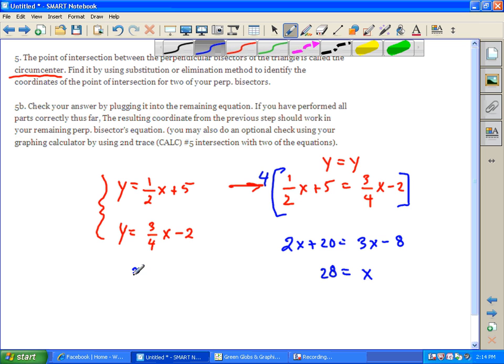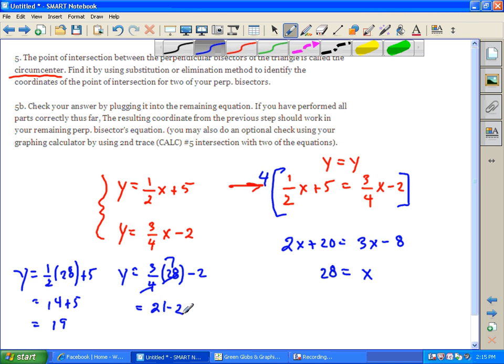Well, if I know it's 28 comma something, I can plug in 28 here and minus 2 to find the other something. Or I can go y equals 1/2 of 28 plus 5. Either way I do it, I should get the same answer. Half of that is 14 plus 5. It's 19. 4 goes into that 7 times. 3 times 7 is 21 minus 2 is 19. So either way I cut it, using the first equation or the second, my point of intersection is (28, 19).